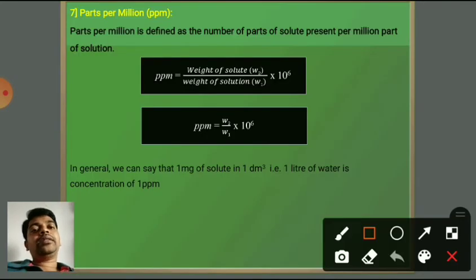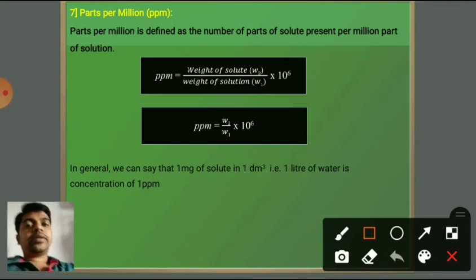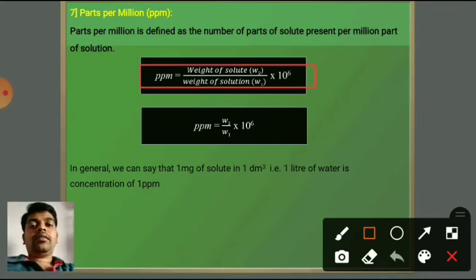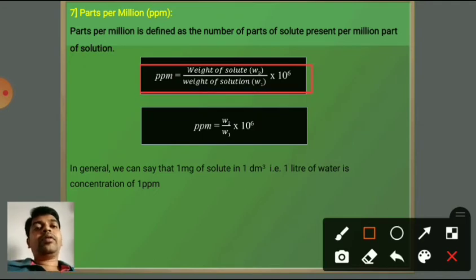Parts per million is defined as the number of parts of solute present per million parts of solution, and it is represented by the formula ppm equal to weight of solute, that is W2, divided by the weight of the solution W1, into 10 to the power 6. Whatever number we get, that will be the ppm.